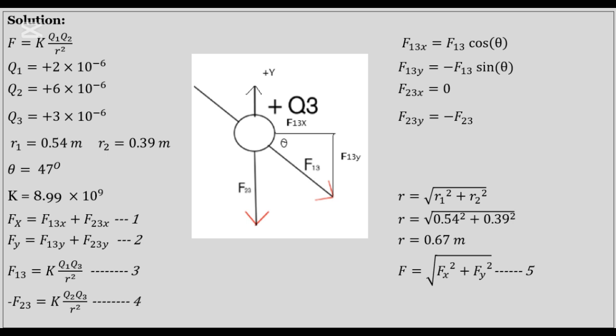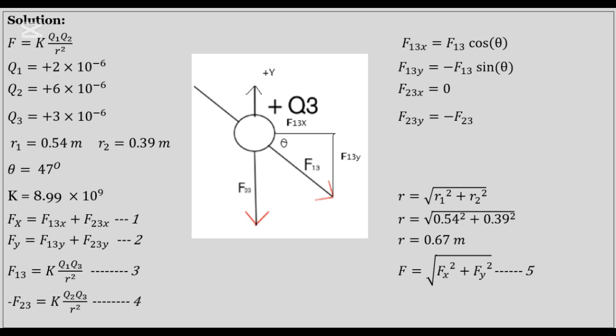The imaginary axes help us get F13x and F13y. So F13x equals F13 cos theta, because the angle is adjacent to the x-axis, giving cos. Then for F13y, the angle is opposite to that axis, which gives sine.